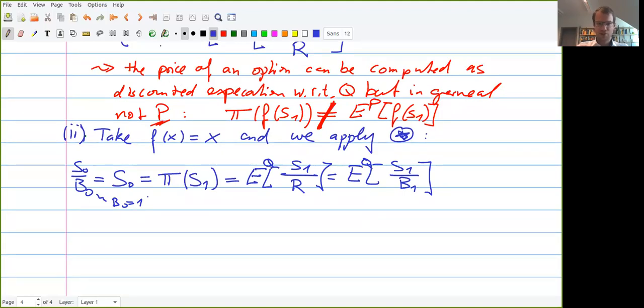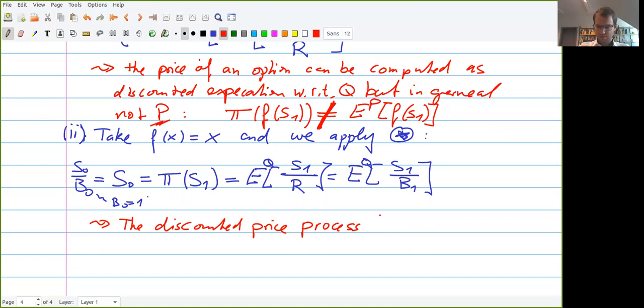Okay, what's the message here, or the observation: the discounted price process, what is it?